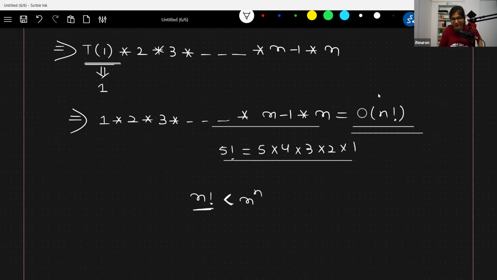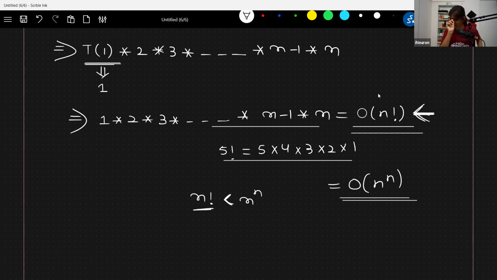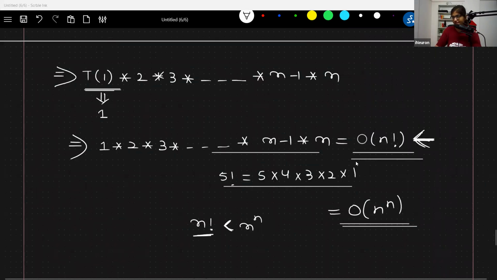So if we get this time complexity as big O of n factorial, we can also write it as big O of n to the power n as well. But this is the more optimized version, I would say, n factorial. Any doubt, anyone? Is this simple?